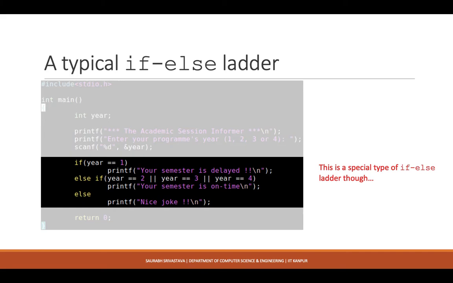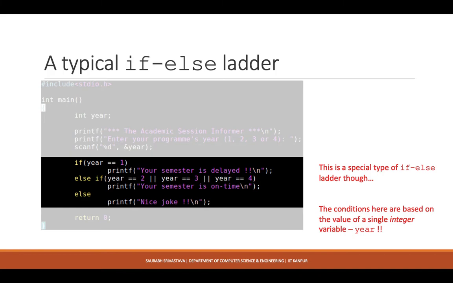But for the second and third and fourth year guys, it will just simply show that the semester is on time. If you enter any other value for year, because these are the only 4 valid values, it will simply print nice joke. So this is a very simple example of where we use else if.